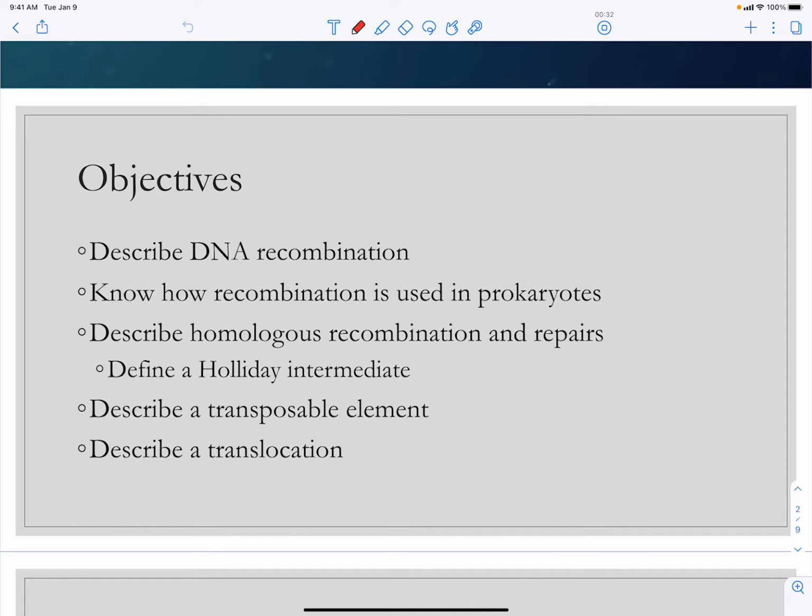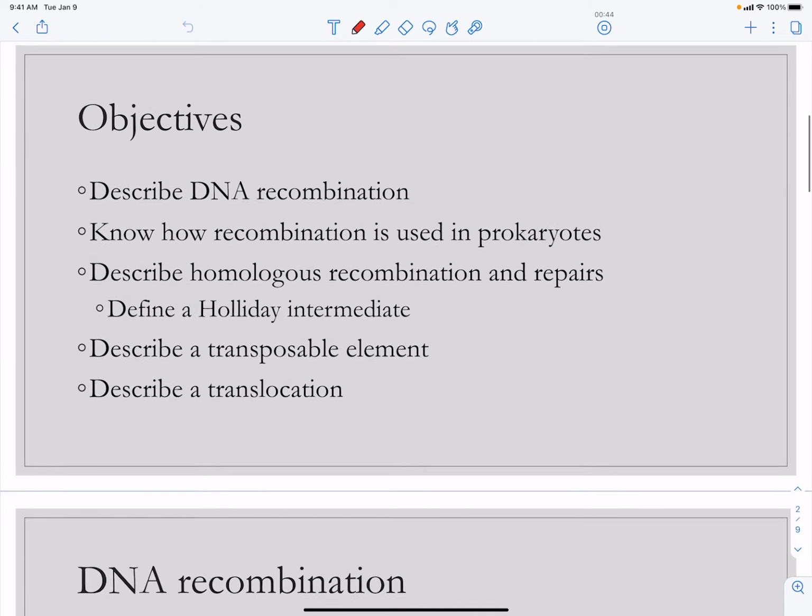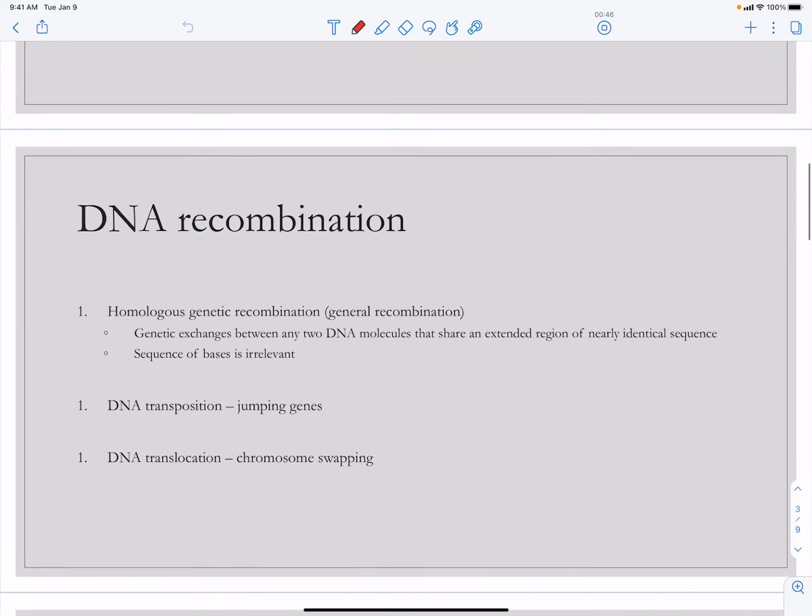And we'll describe a translocation that is important in eukaryotes for diseases, especially things like cancer, moving an oncogene into a region where it can now be expressed to high levels. So for recombination, there are three main types.